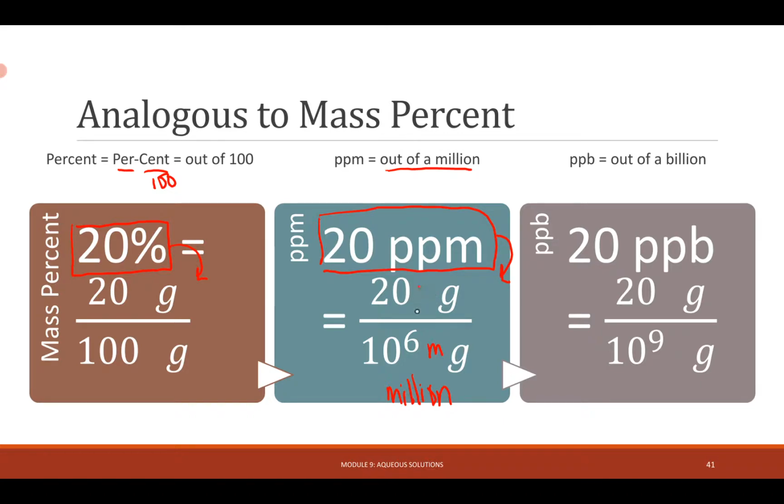You could have that be kilograms, kilograms. It doesn't matter as long as the units match. And then same thing here for 20 ppb. 20 ppb means 20 out of 1,000,000,000. As long as your units match, then you're good.